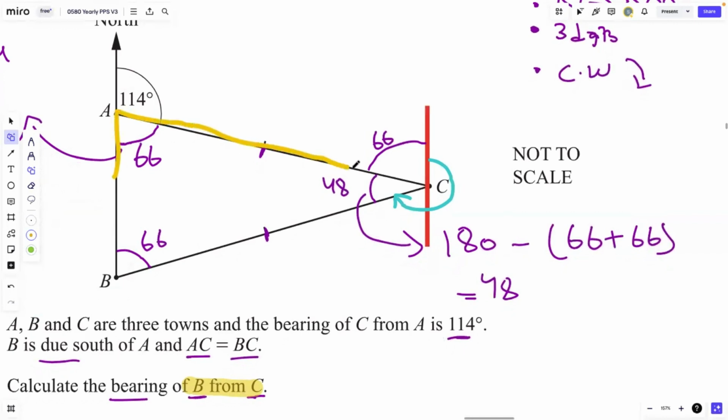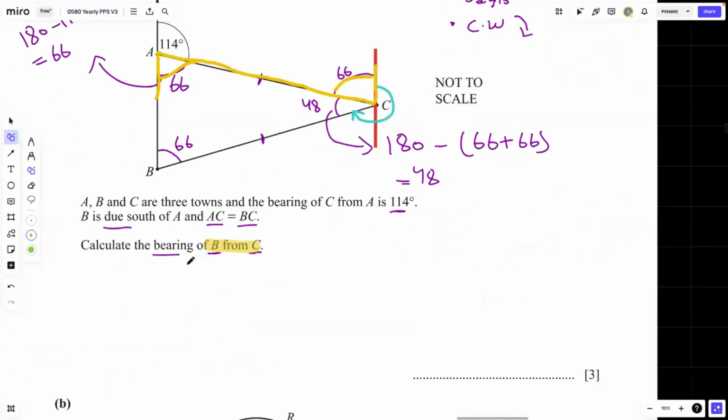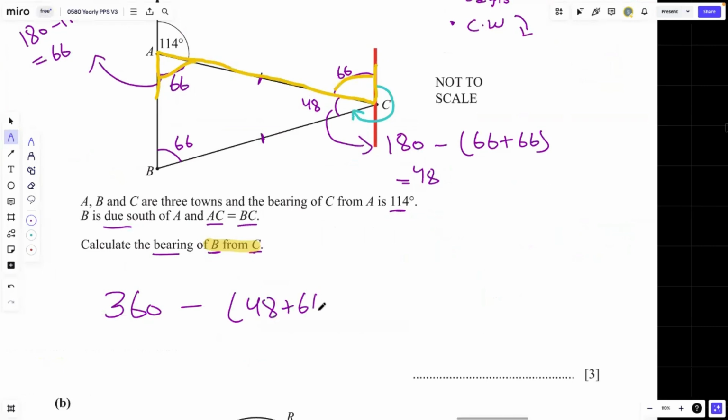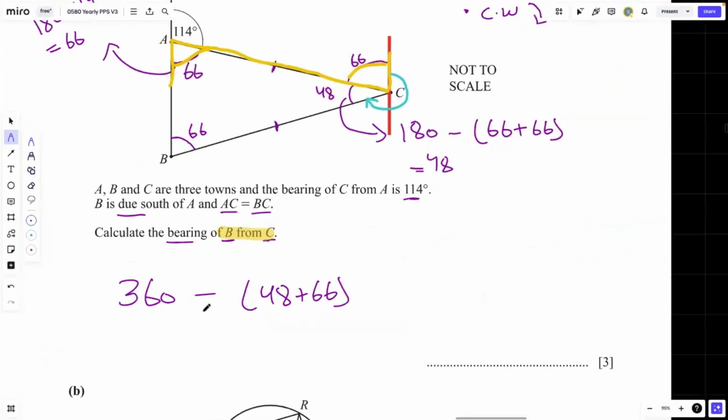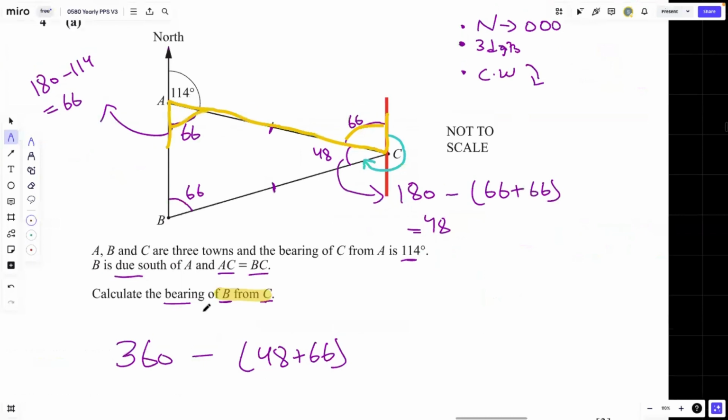The north lines are always parallel, so you can see alternate angles. That's why this is going to be 66 as well. And now we can just write down the bearing to be 360 minus the other two angles, which is 48 plus 66. And you get your required bearing.